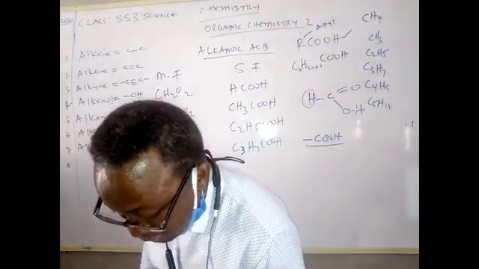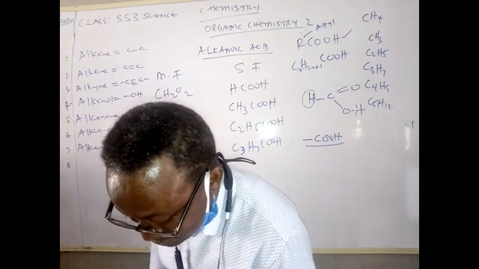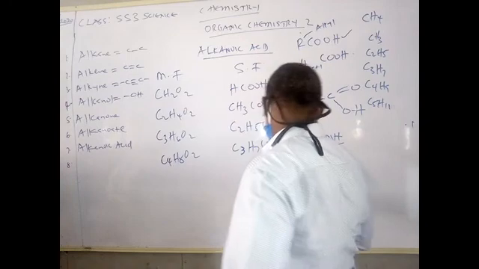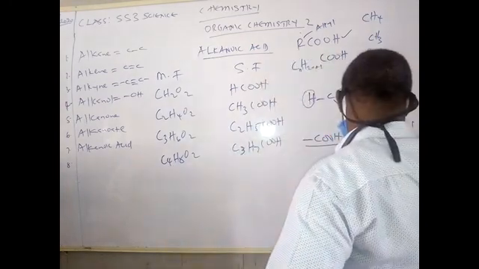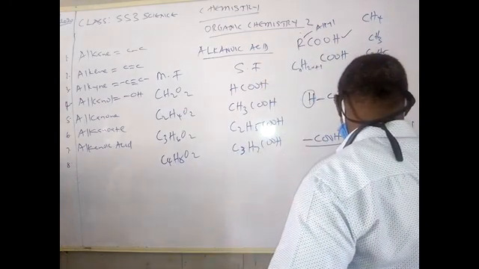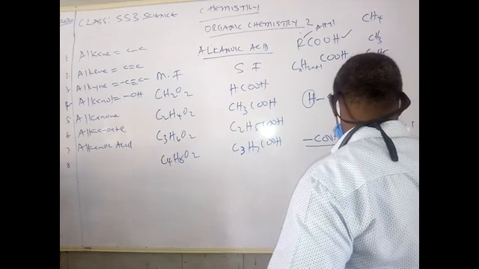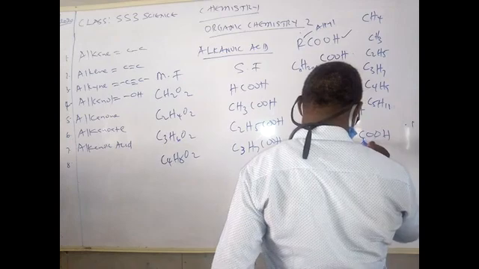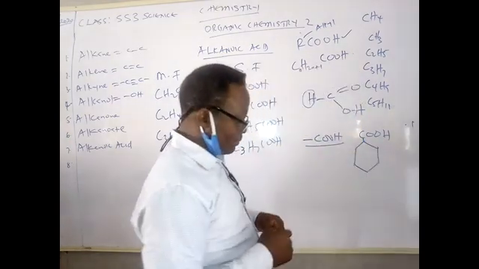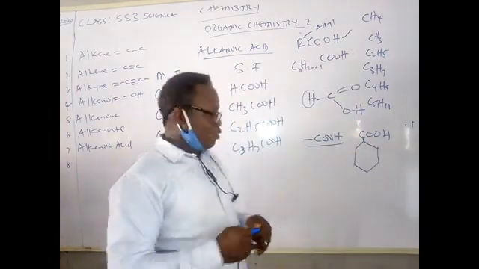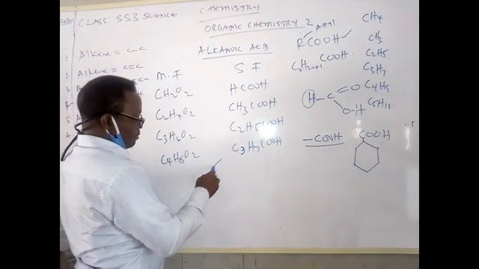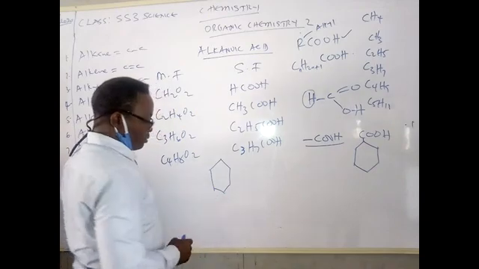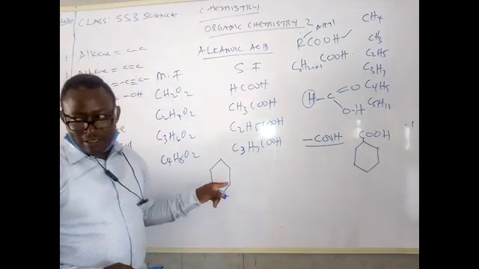Now we also have aromatic carboxylic acid. Benzoic acid is an example of aromatic carboxylic acid. Benzoic acid, I'm sure you know this is how to write benzene, like a hexagon. This diagram is incomplete.